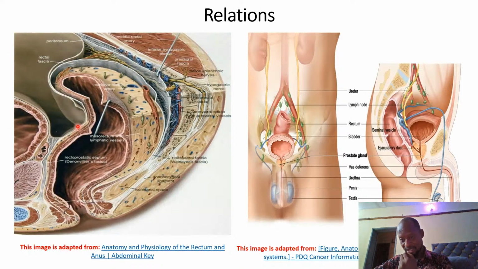All right, you can see it turned. It went round the ureter.